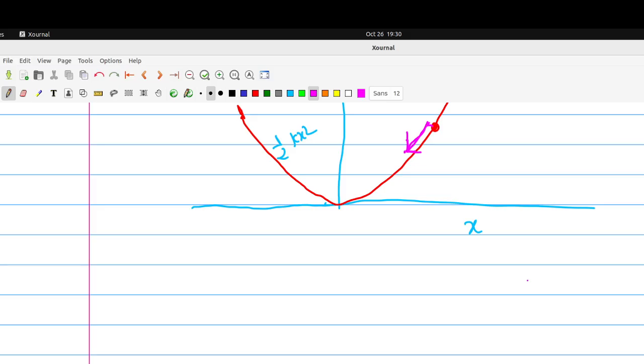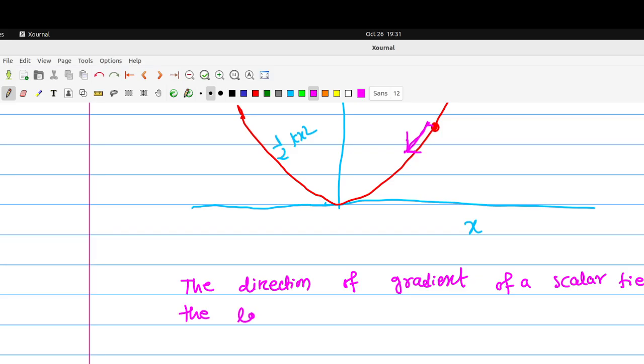The direction of the gradient of a scalar field is towards the minima, local minima.